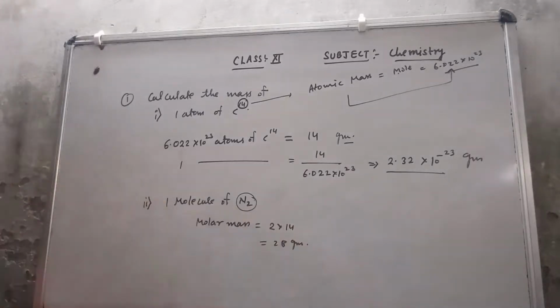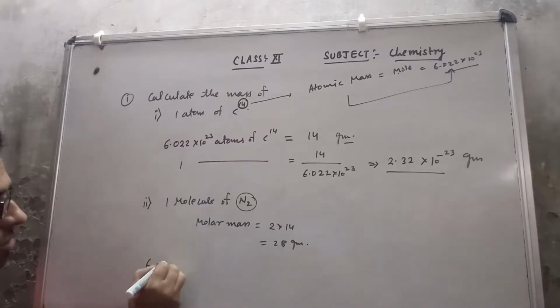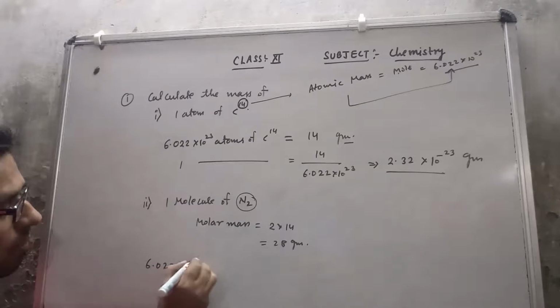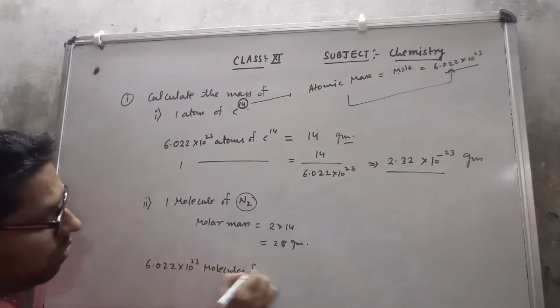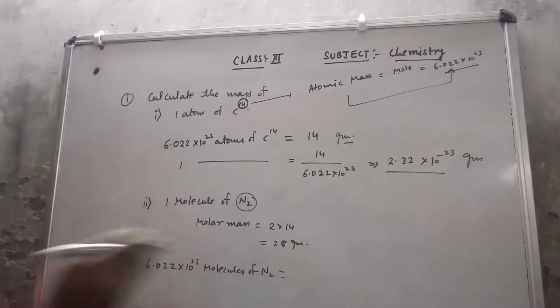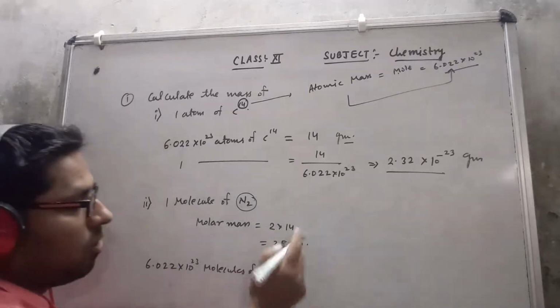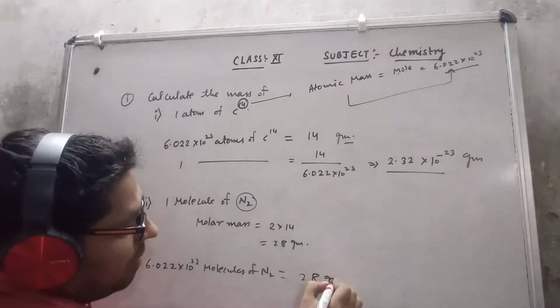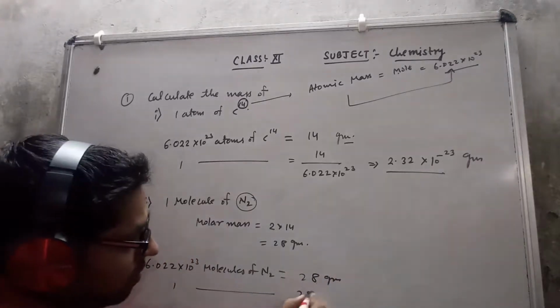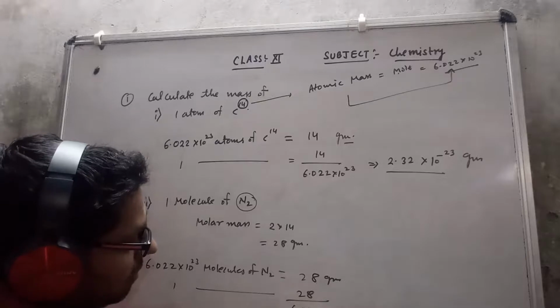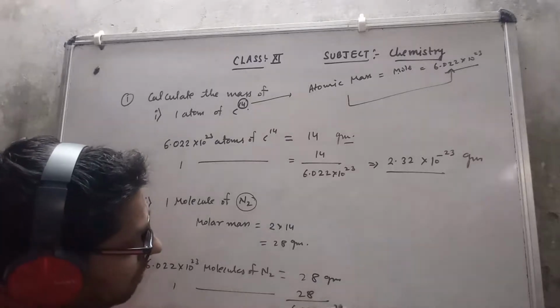So simply this is a molecule. So I can say that 6.022 into 10 to the power 23 molecules of N2, how much mass is there? This will be its molecular mass, which is 28 gram. They are asking about one molecule. So one molecule equals 28 upon 6.022 into 10 to the power 23.